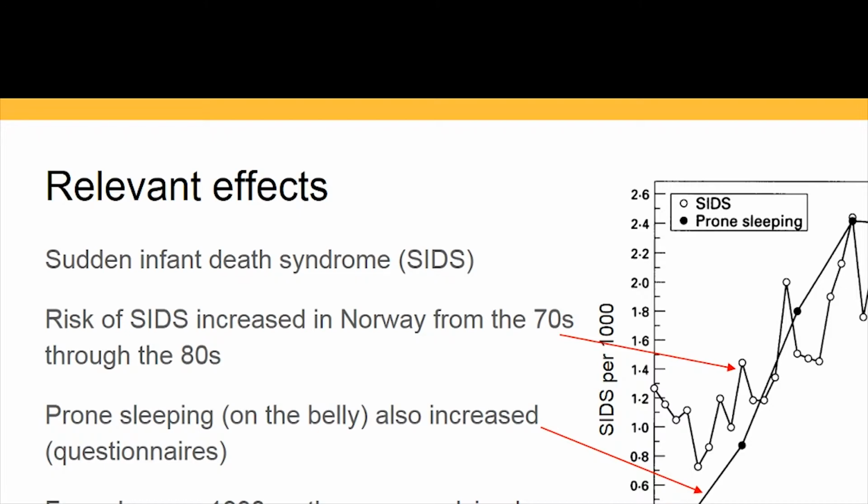So overnight, they gave this advice: stop putting the baby on the belly, and we see that mothers stopped doing that. We can see that from the black dots here, from the questionnaire data. And then we see at the same time, about half of the SIDS cases stopped happening. And this corresponds to a reduction of about 60 deaths per year in Norway, which was a huge discovery.